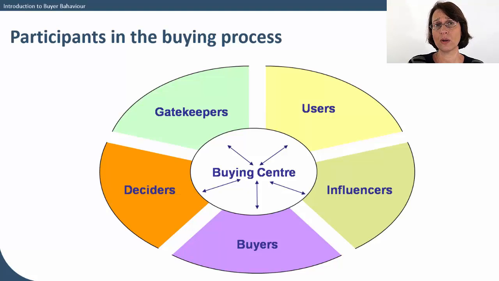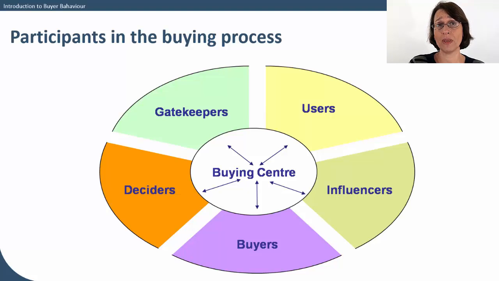So if you were deciding on putting in a whole new printing system into the marketing department, you're going to have a gatekeeper. So you might have an influencer who's the chief marketing officer. You might have a decider who's the financial controller, because they decide that yes, we do have enough budget to buy all of the printers that marketing needs.